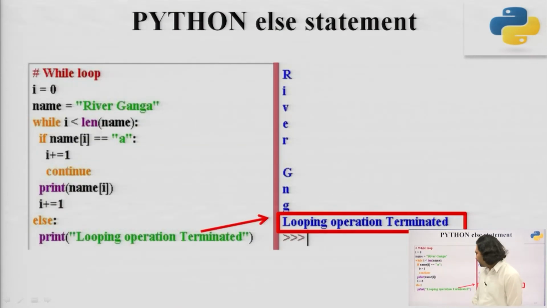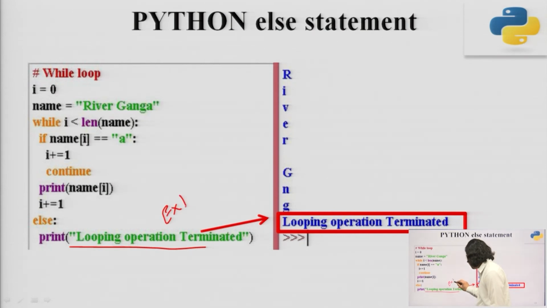You can see here that this provides extra information that the looping operation is terminated. That means right now the control is already out of the loop.